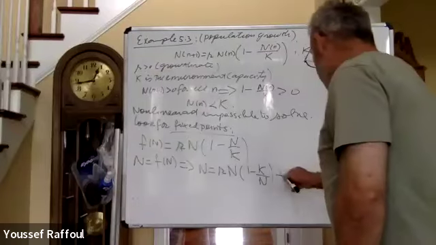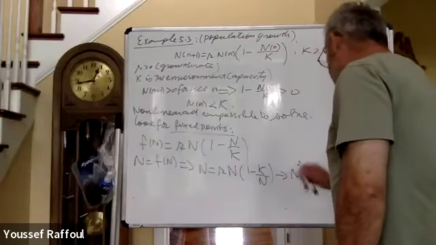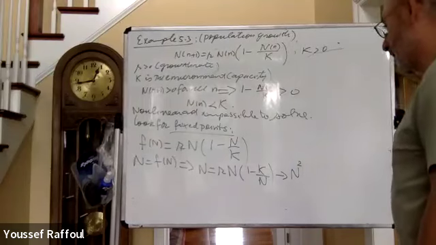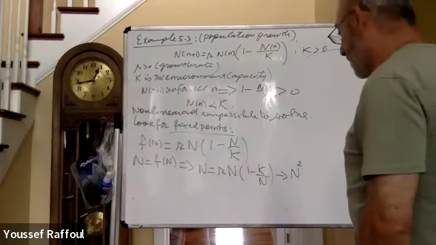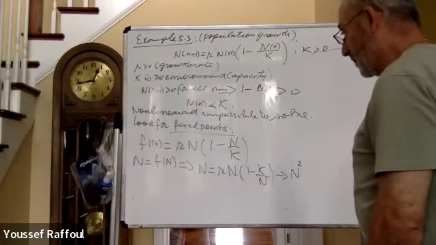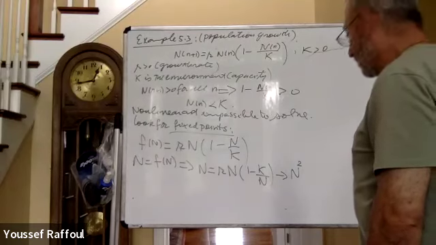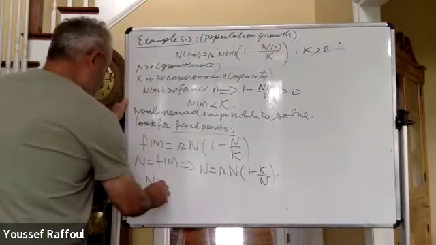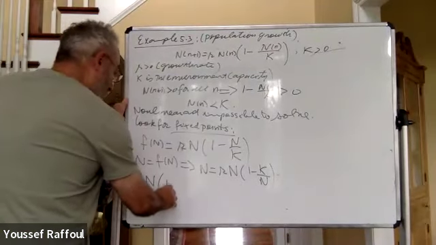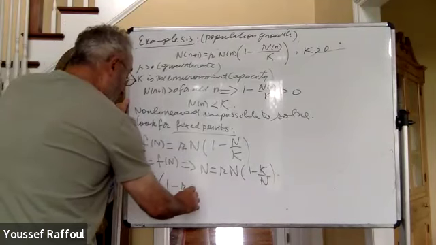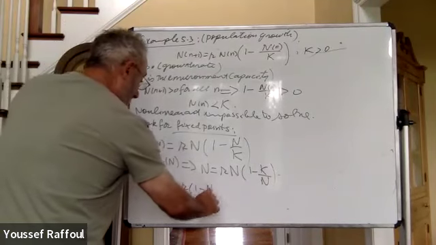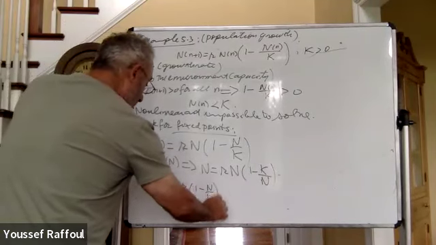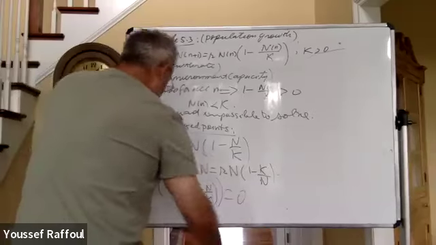If I multiply by n, I get n squared. Let me factor n out. That will be n times 1 minus r times 1 minus n over k equals 0.